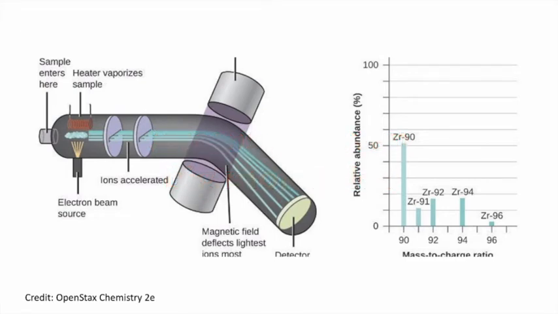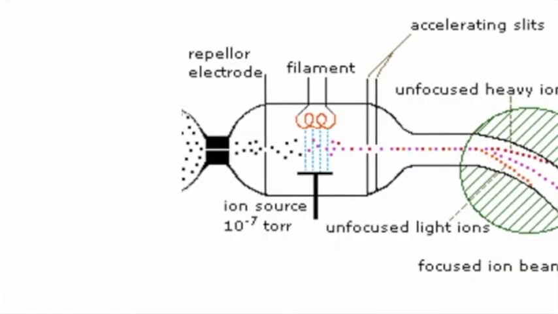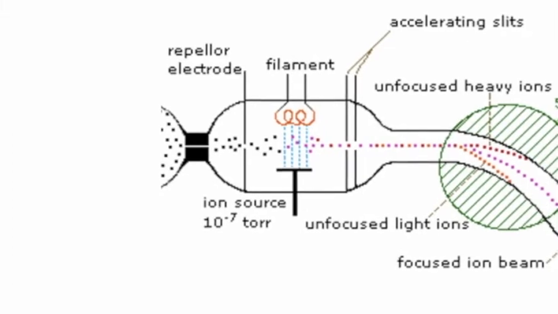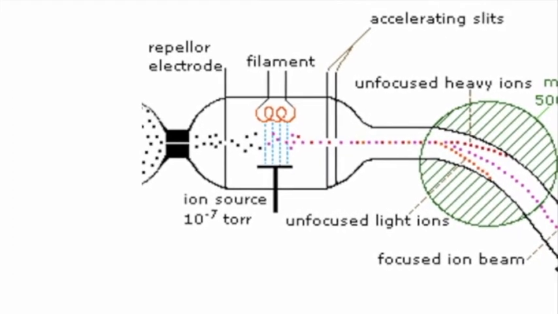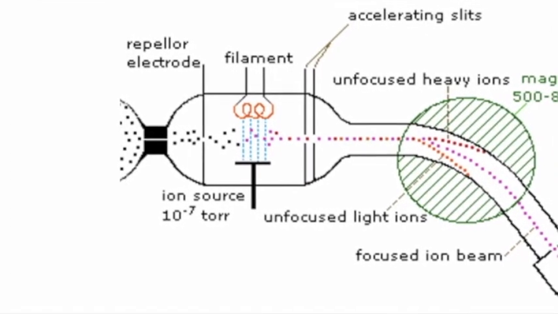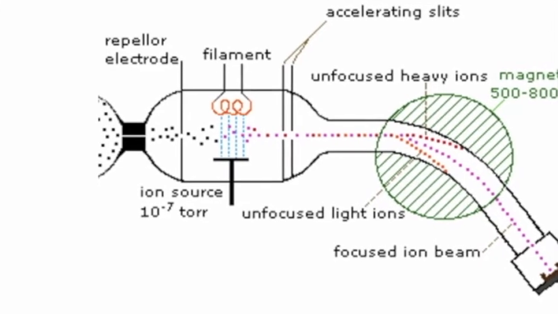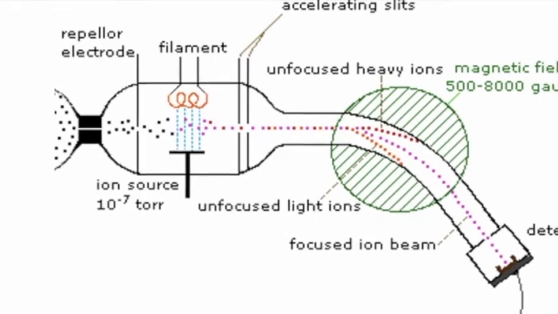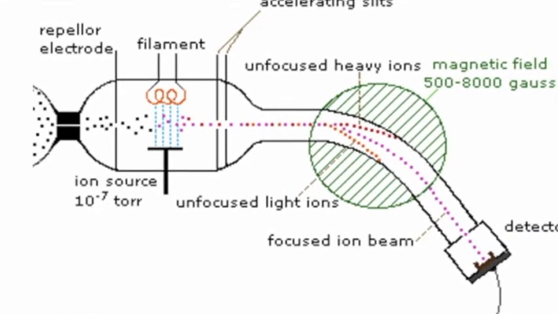Here's how it works. A sample is vaporized and exposed to a high-energy electron beam that causes the atoms or molecules to become electrically charged. They usually lose electrons. Now, the positive ion passes through an electric or magnetic field that deflects it. It bends it.